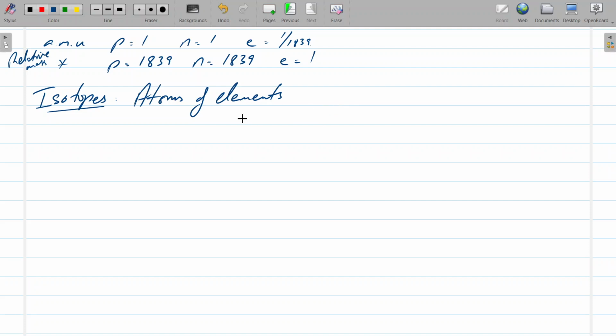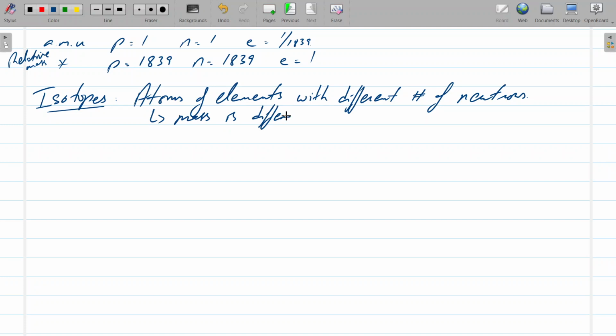So isotopes are atoms of elements with different numbers of neutrons, right? And so their mass is different, and that affects some physical properties.